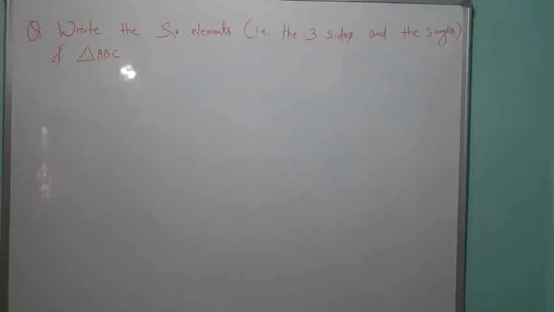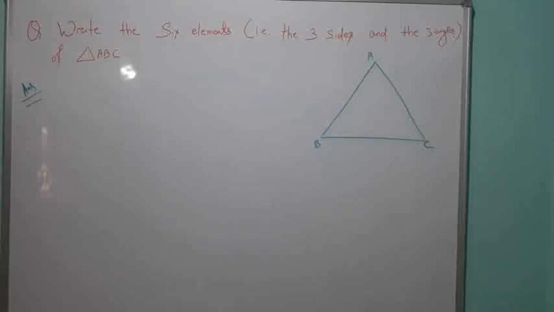Let us try to do some questions. First question is, write the 6 elements, that is the 3 sides and the 3 angles of triangle ABC. To answer this question, we have to draw a triangle whose name is triangle ABC. This is triangle ABC.